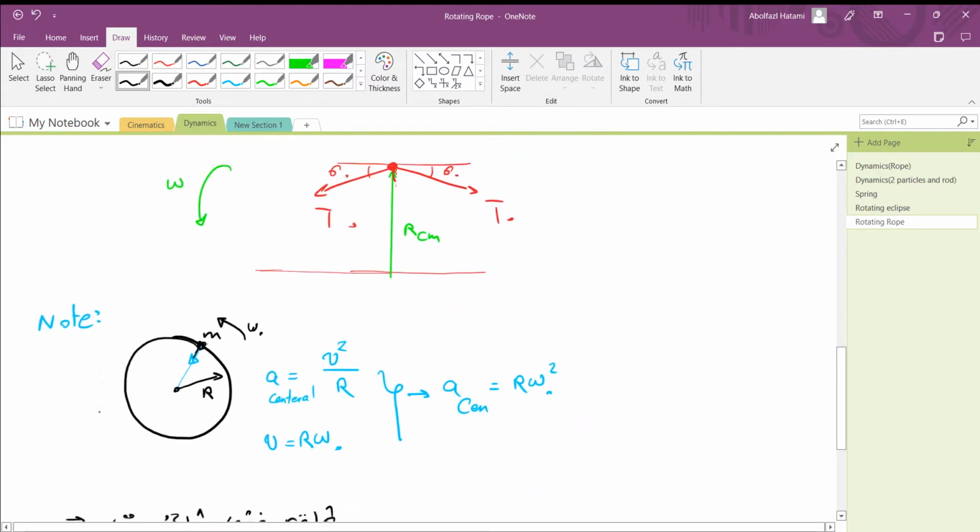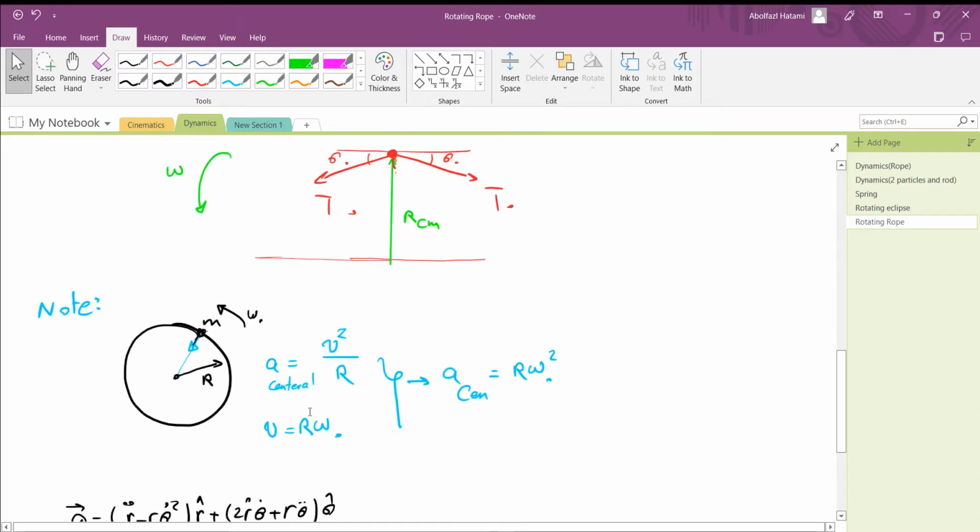For this problem you should just know that every particle going around a circle with constant angular velocity has a central acceleration equal to r omega 0 to the power 2.